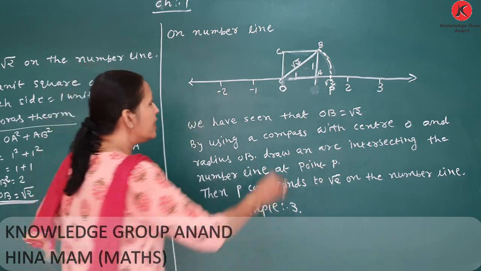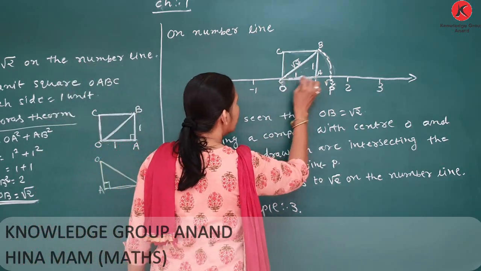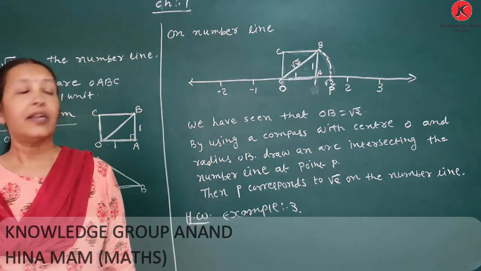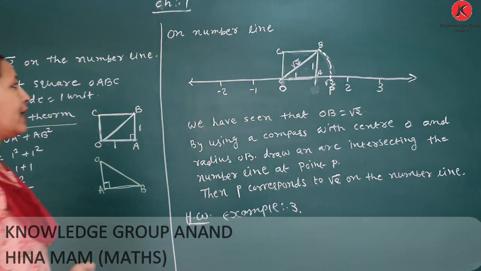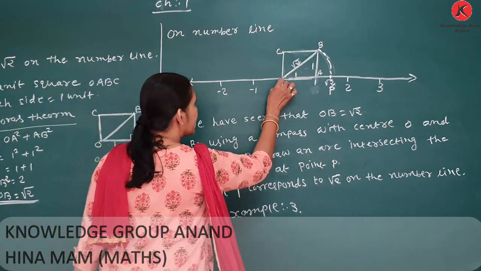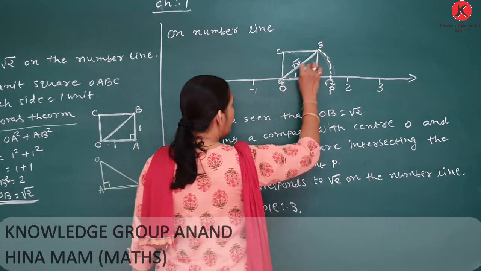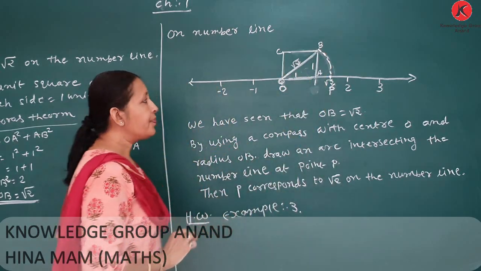Again, draw a square OABC with unit length on the number line. O corresponds with 0. Now, OB is equal to root 2.